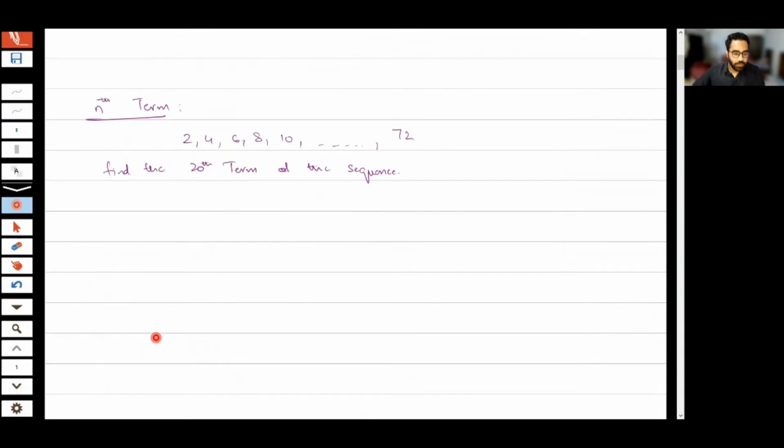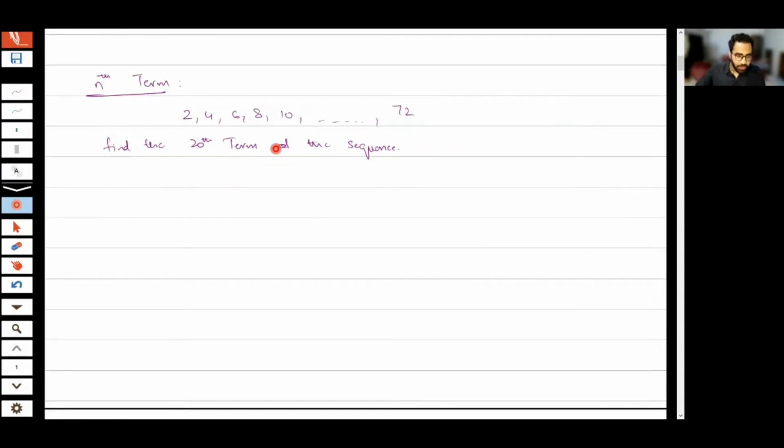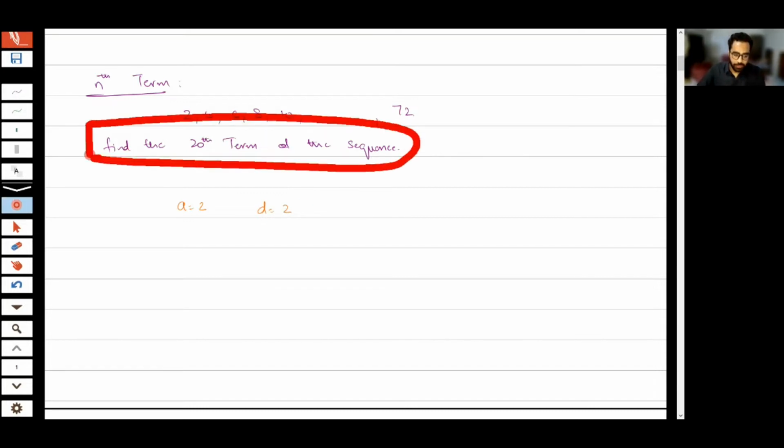Now, let's talk about the nth term. I have a series over here, 2, 4, 6, 8, 10, and my last term over here is 72. Okay. And the first term in my series, I can clearly see, is 2, and the common difference is 6 minus 4 or 4 minus 2, which is equal to 2. Okay. I have to find the 20th term in the sequence.